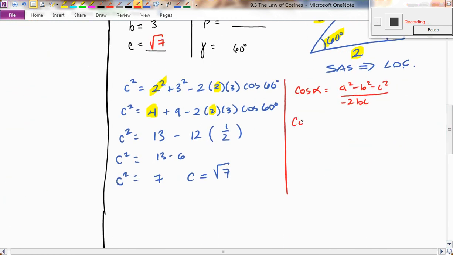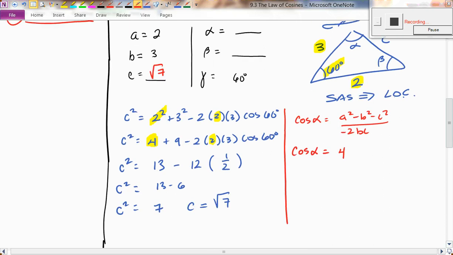So the cosine of alpha must be a squared, which is 4, minus 9 minus 7, all divided by negative 2 times 3 times 2.